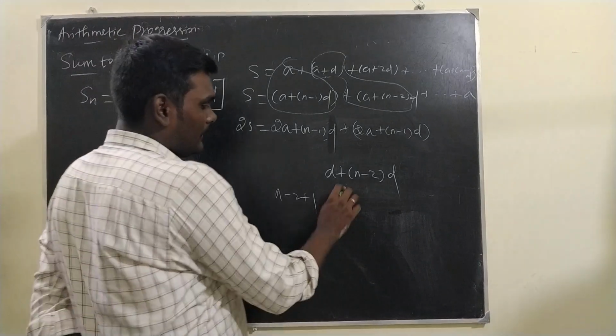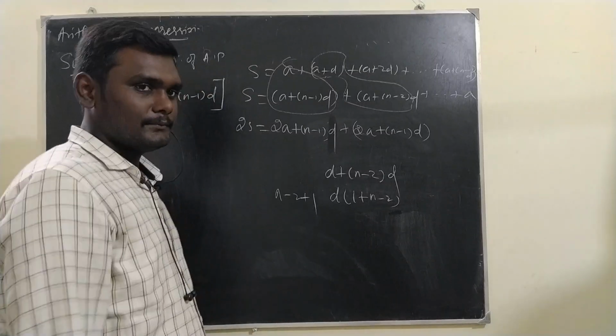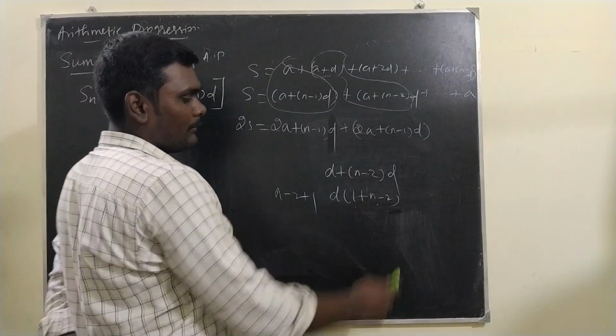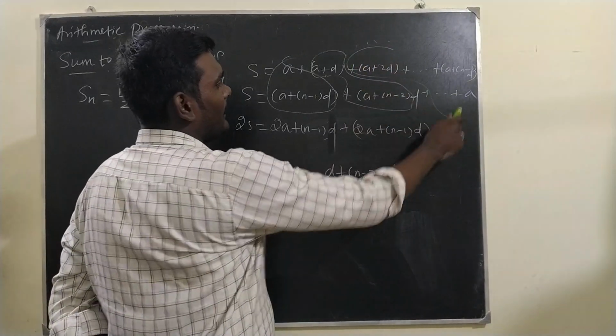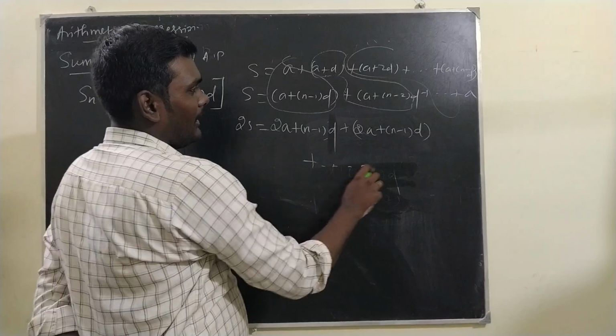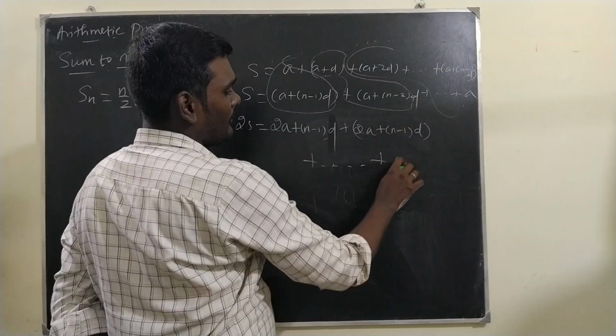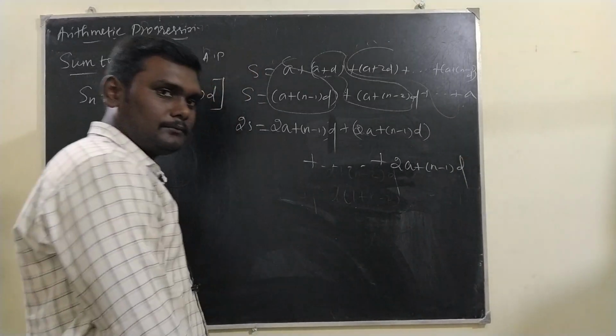Now take d as common. Then we will get 1 plus n minus 2. But 1 plus n minus 2 is what? n minus 1 again. Likewise, you have to add the next terms. Up to the last term, if you add, what will you get? 2a plus (n minus 1) into d.